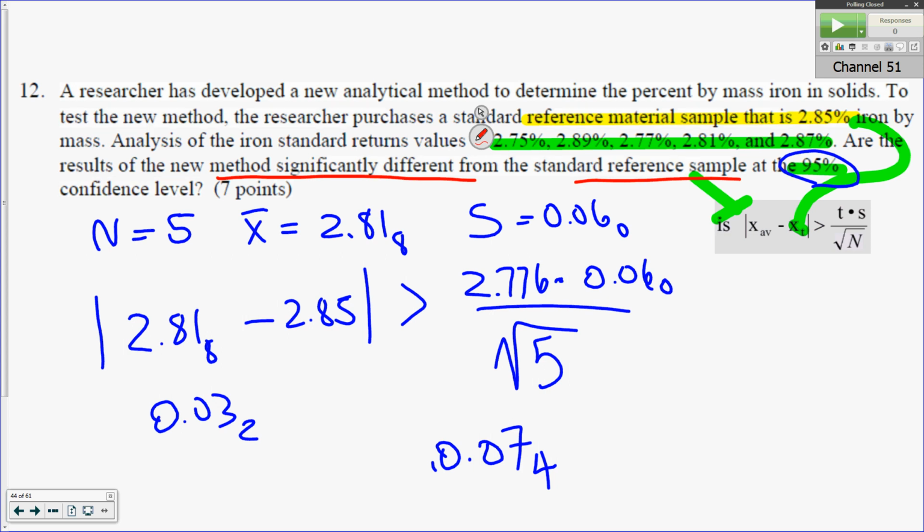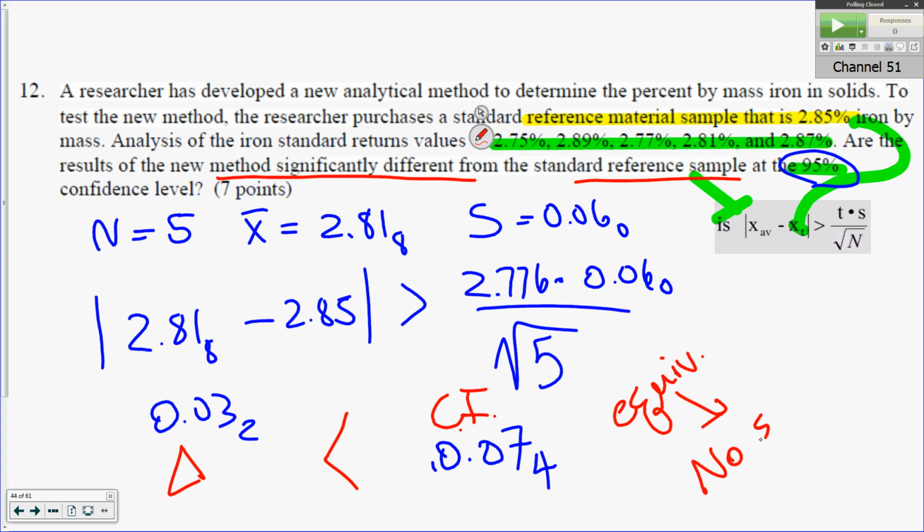According to the test, this difference is less than the confidence interval, so the 2 samples are equivalent. In this particular test, even though it doesn't say it in words, what we're looking for is: is there a systematic error? Is there a bias, something giving me a result different from the true value?